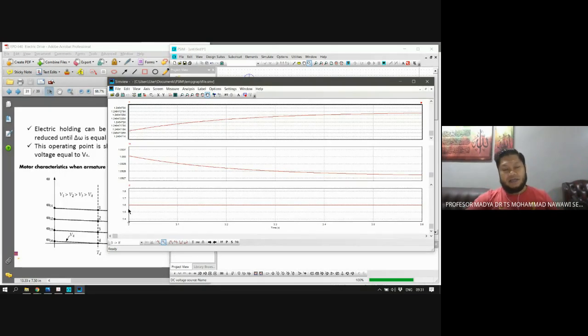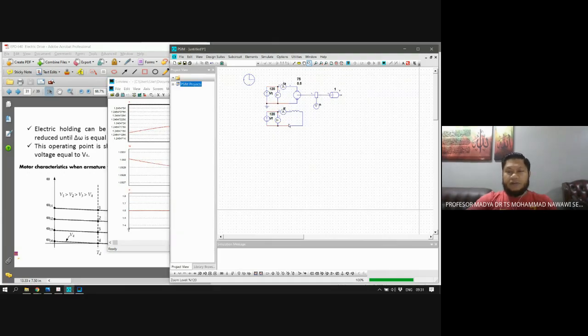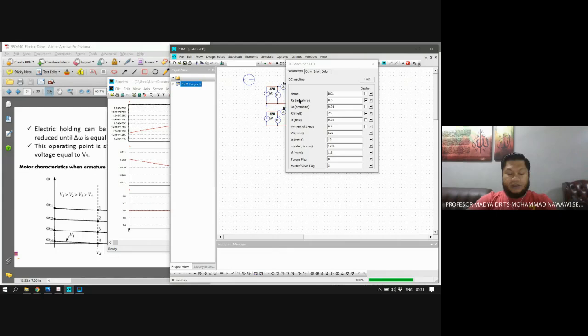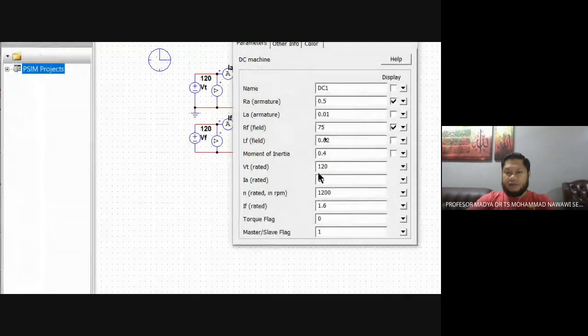Because I've shown you just now, double click that. If you look at the field current, RF is 75 ohm, and VF is also 120 volts.